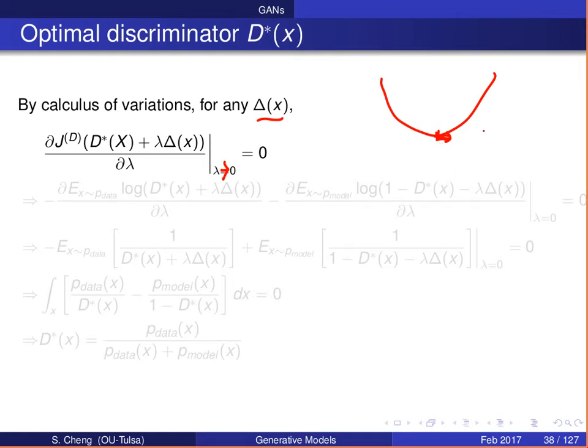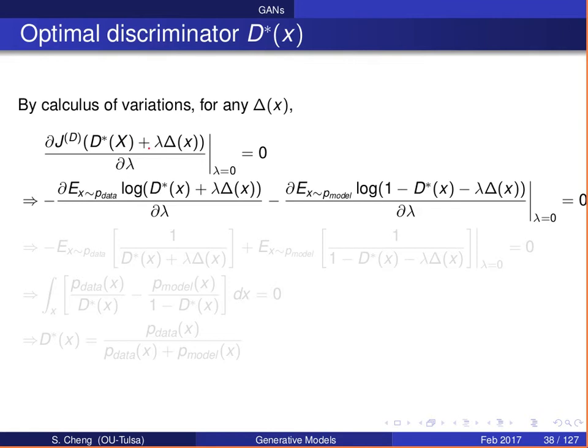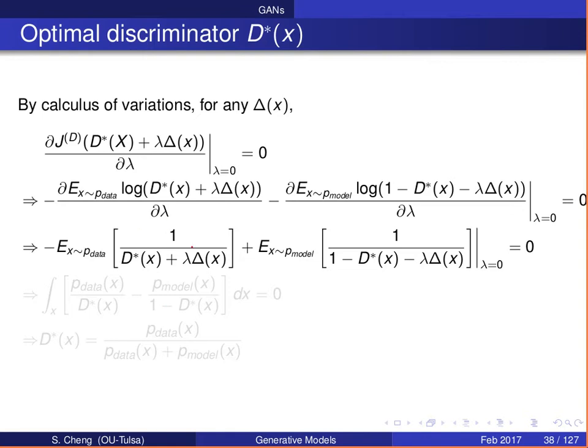So now if I take the derivative, this is pretty simple because J_D is just two log function terms, and it's an expectation of a log function, but I can take the derivative inside the expectation. Then the log function's derivative is just 1 over these two guys here.